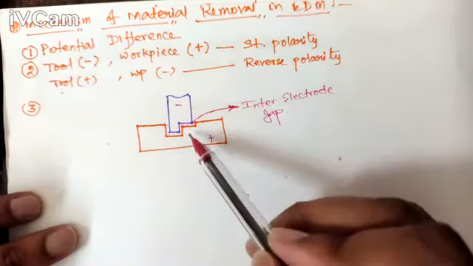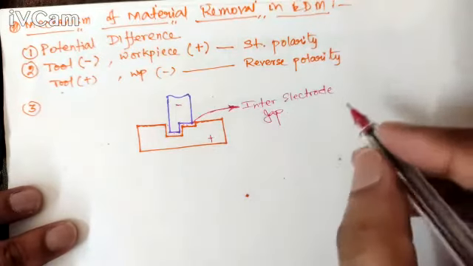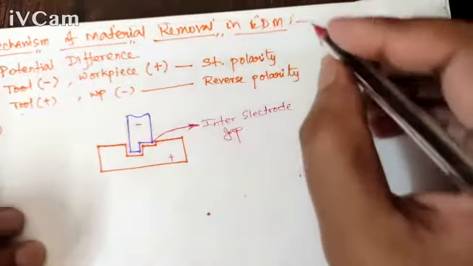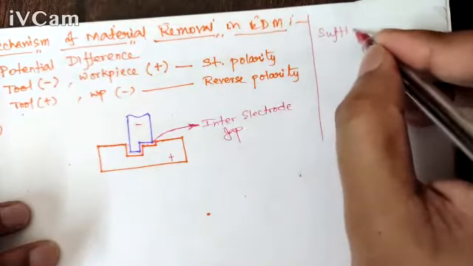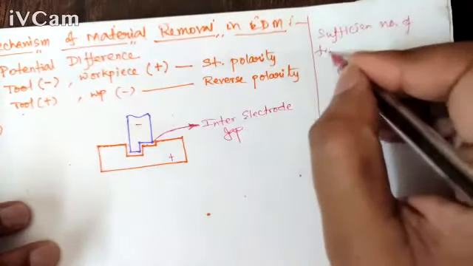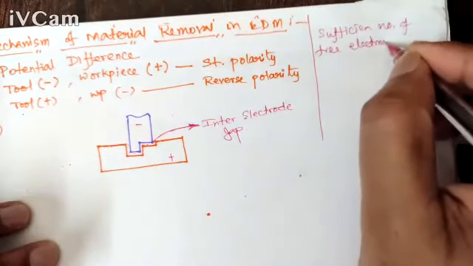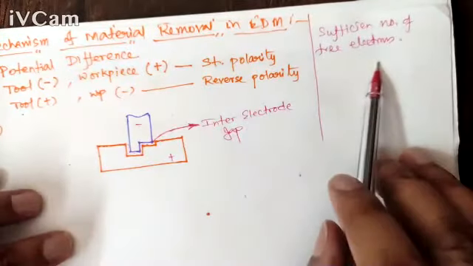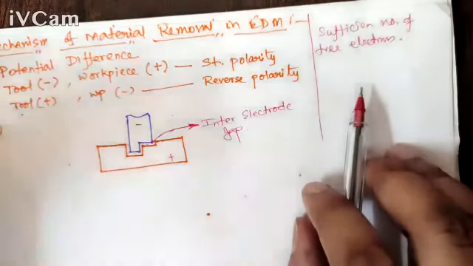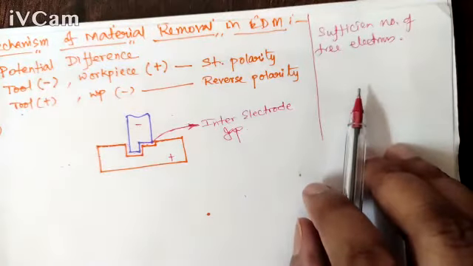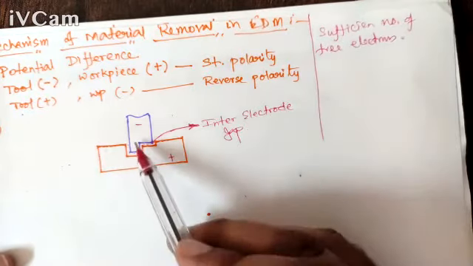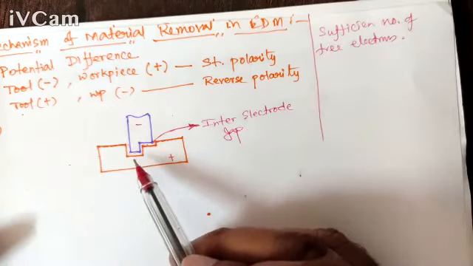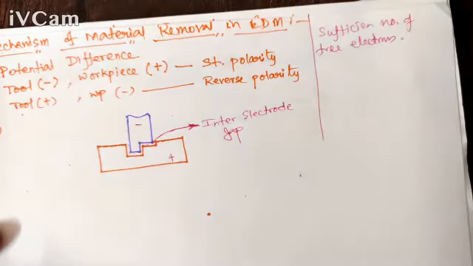As these are conductive, they will have a sufficient number of free electrons.